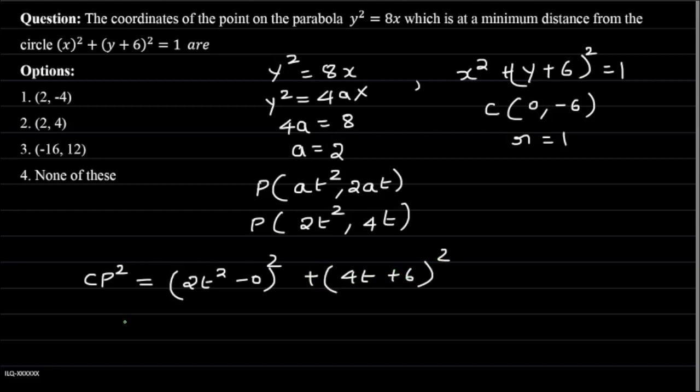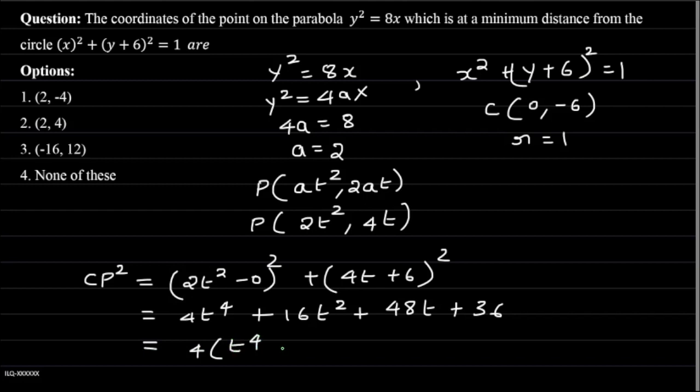And if we solve this, we can get 4t power 4 plus 16t square plus 48t plus 36, and this can be further written as 4 of (t power 4 plus 4t square plus 12t plus 9).